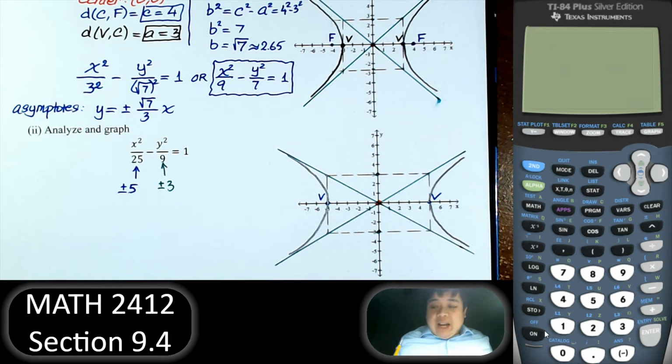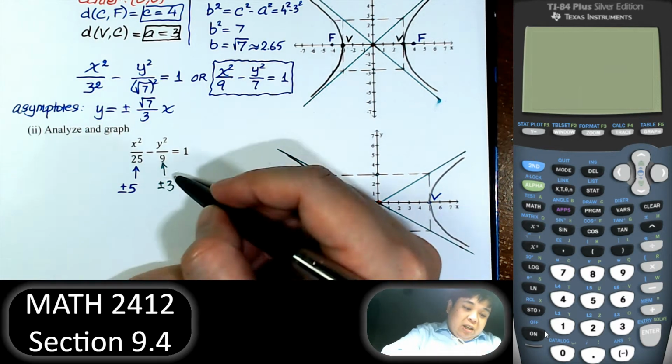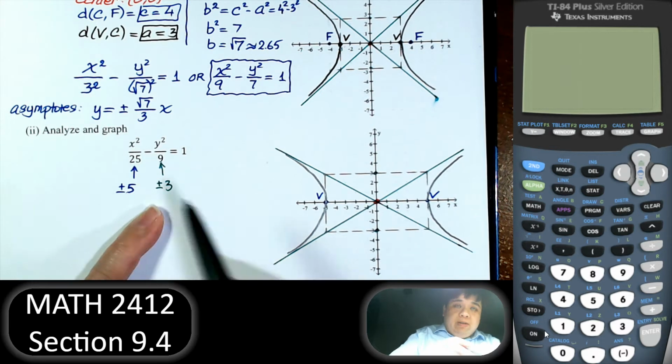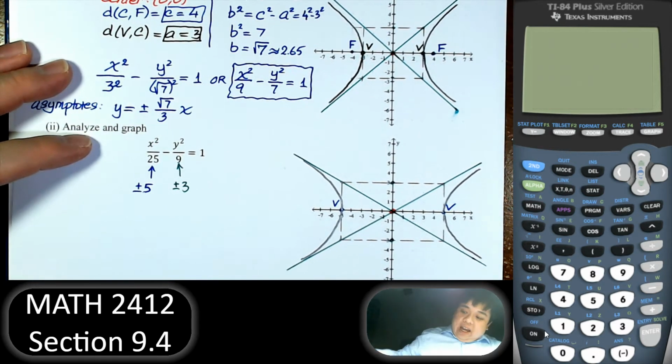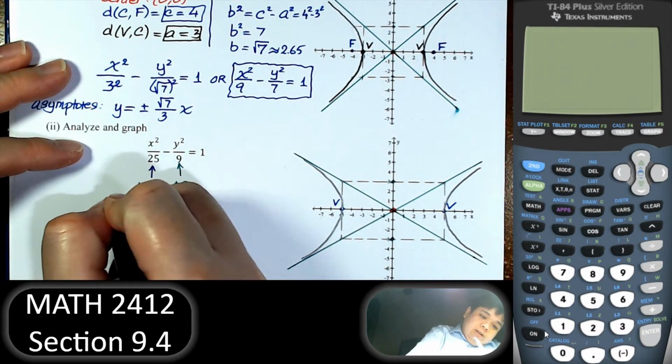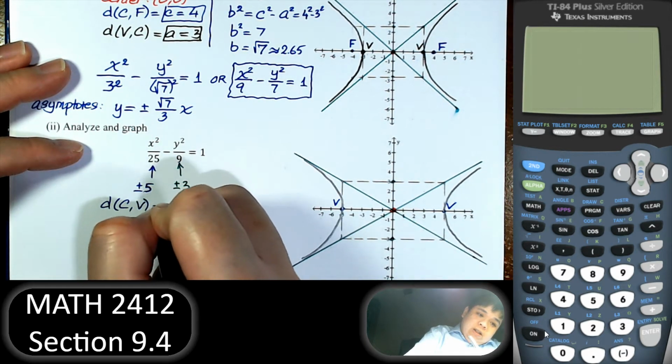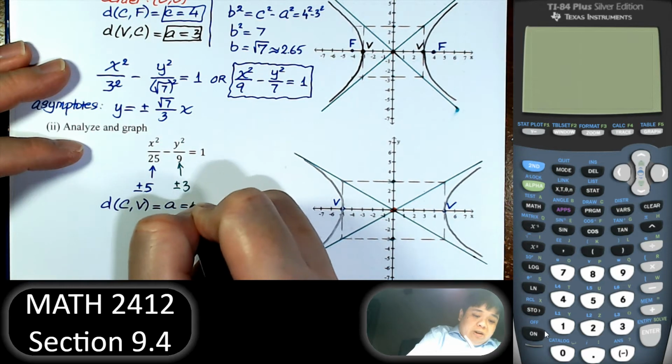Right, so other characteristics that we need to know. By the way, the distance here, we know 5, so 5 here, that is the distance from the center to a vertex, and that is a, it's going to be 5.